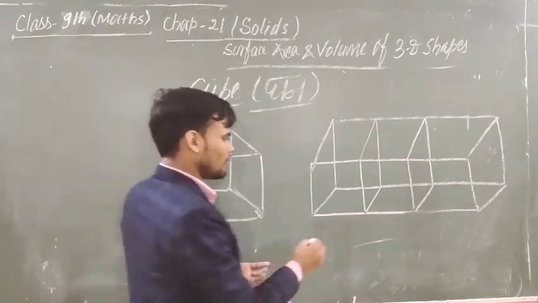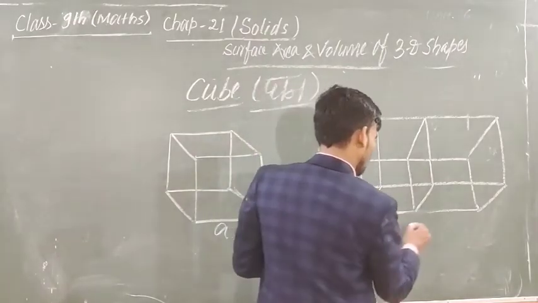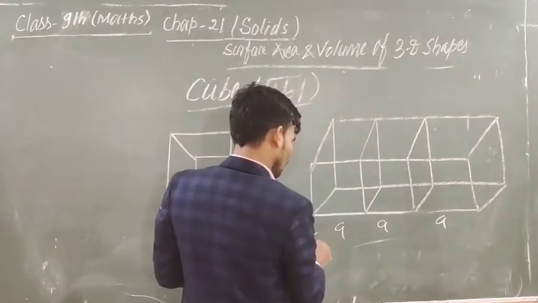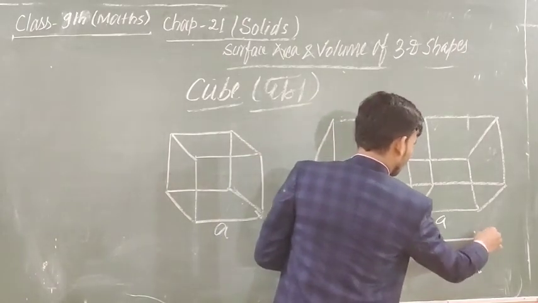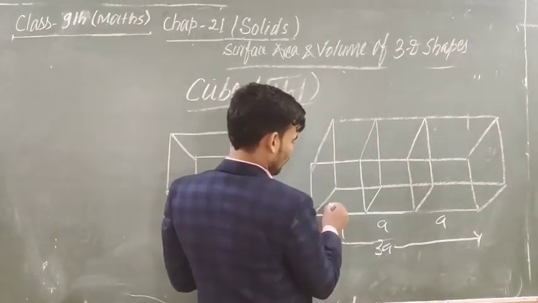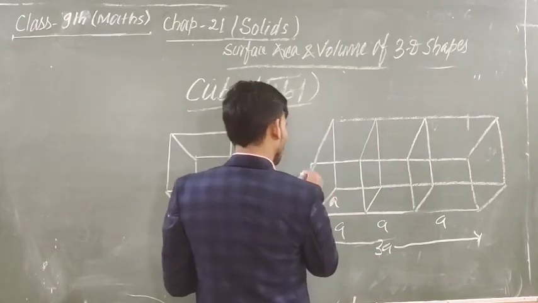Now the dimension of each cube is a, so the length will be equal to 3a of the cuboid. The breadth itself will be a and the height will be a.